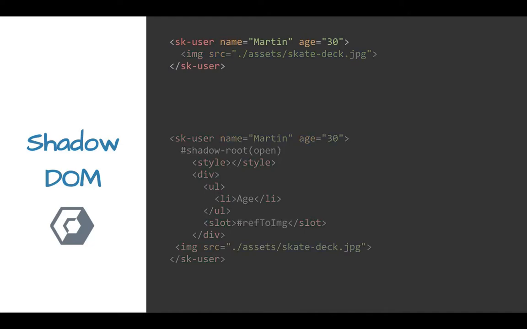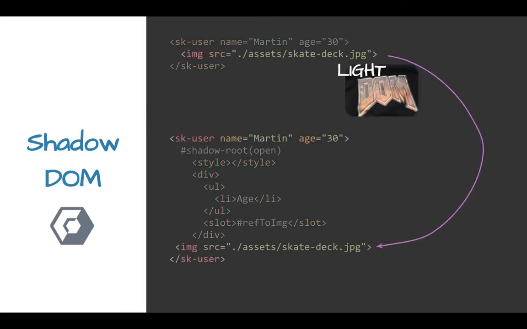So again, we have the SK user element, and it renders some shadow DOM within this shadow root. So, okay, that's understandable, right? But what about this image? This markup is actually called light DOM, not DOM, okay?